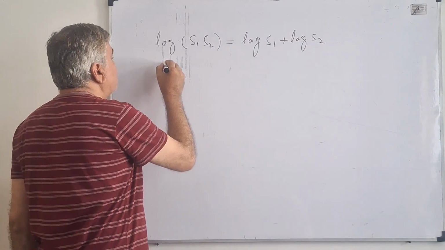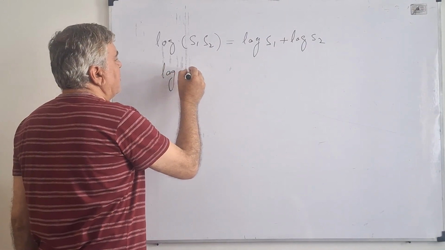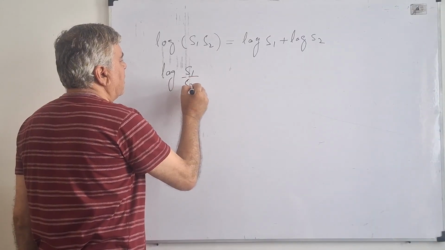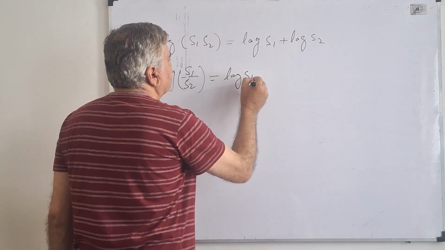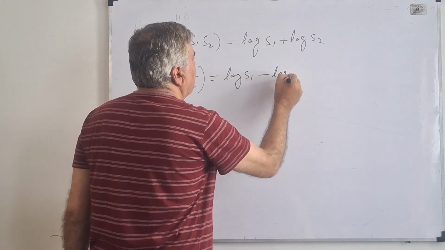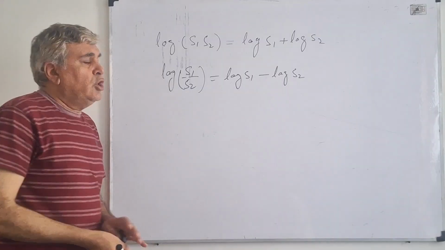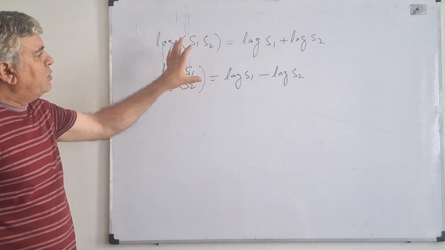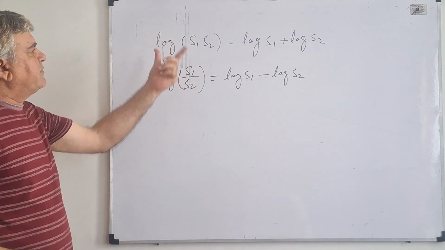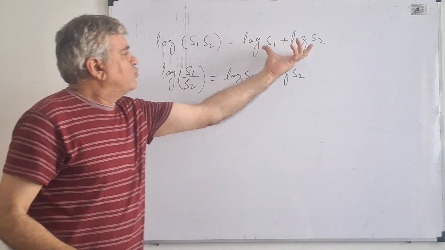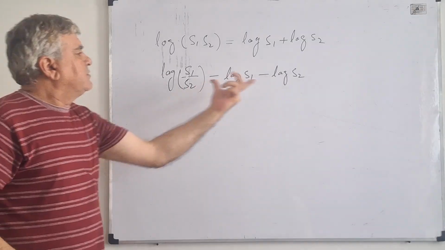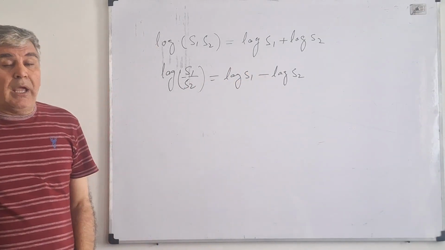And we also have log of S1 over S2 equals log of S1 minus log of S2. So this is what you learn in your school level mathematics, how to use a transform to convert products into sums and fractions into differences.